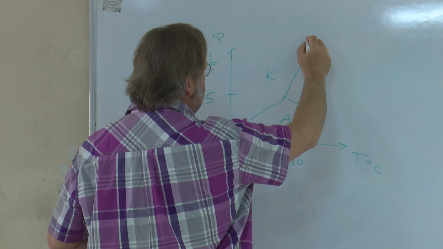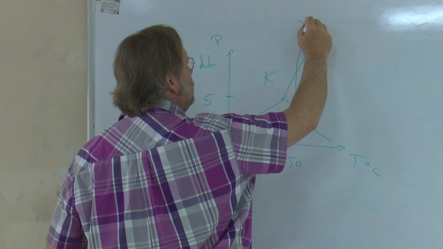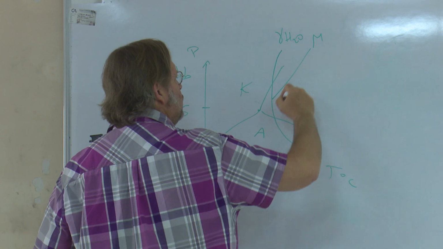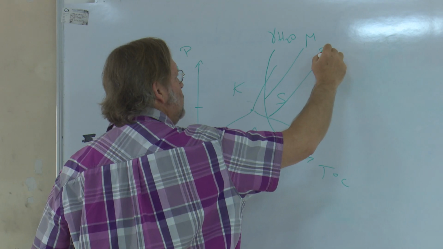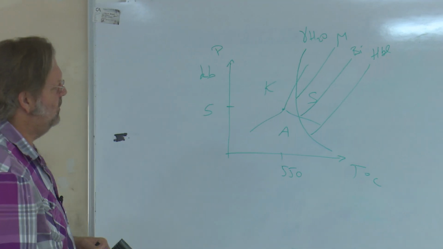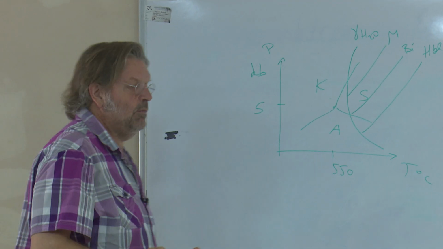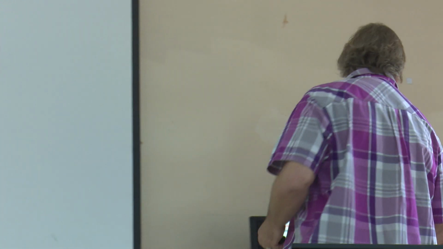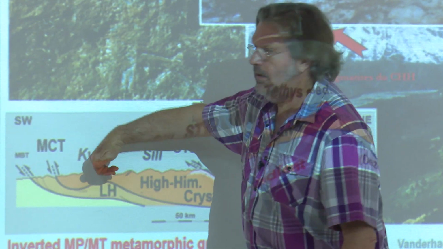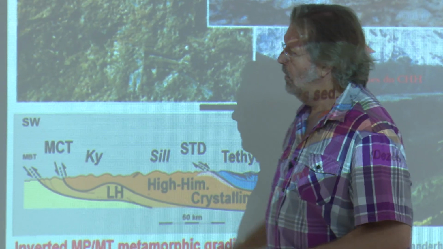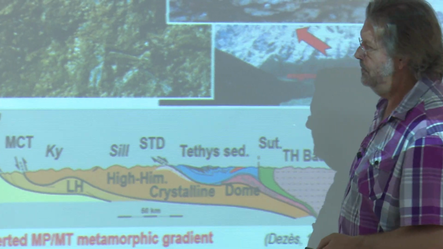And that's the solidus in presence of water. And if we add other, that's muscovite out, that's biotite out, and hornblende out. These are all the different solidus that can be activated during metamorphism of crustal rocks. So in other words, there might be an inverted metamorphic gradient here, with high temperature rocks on top of high pressure, lower temperature rocks.